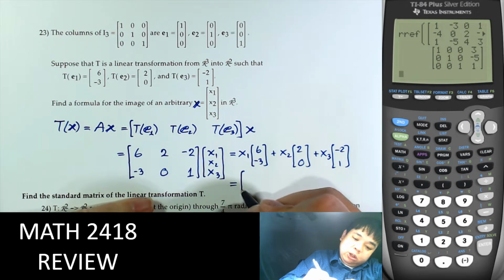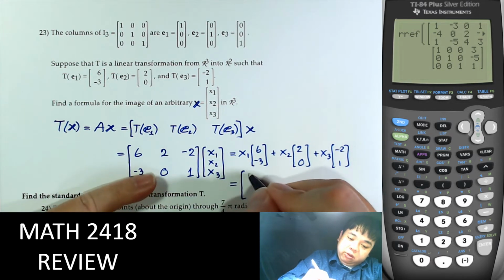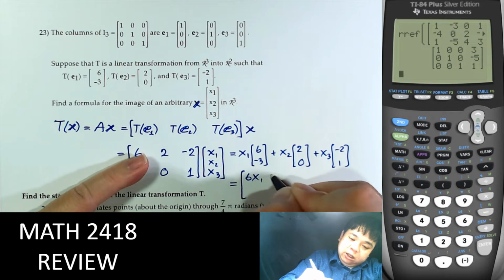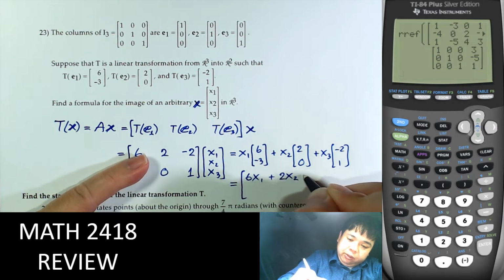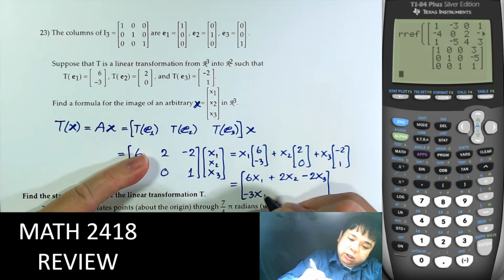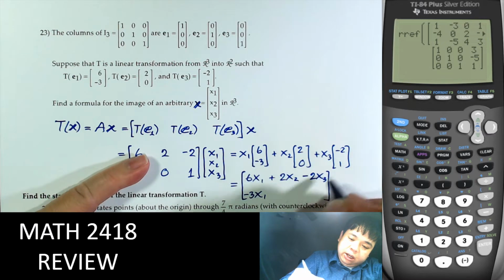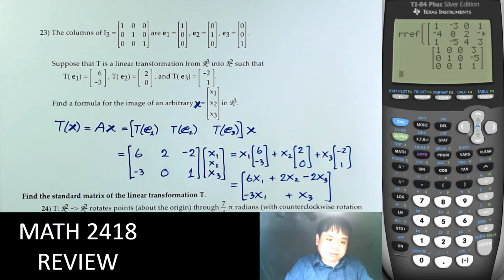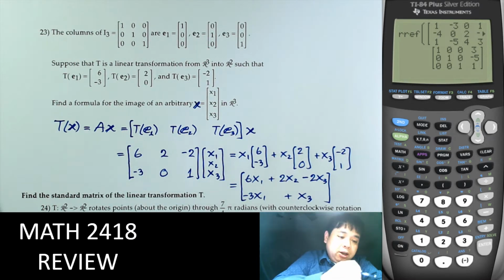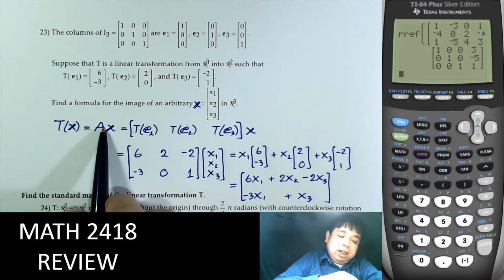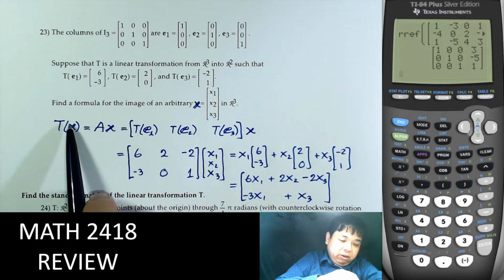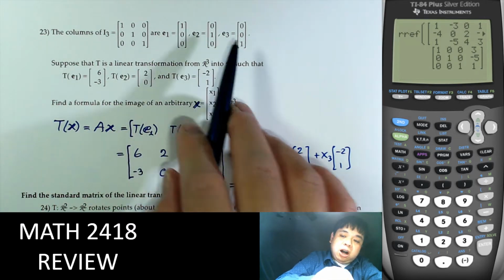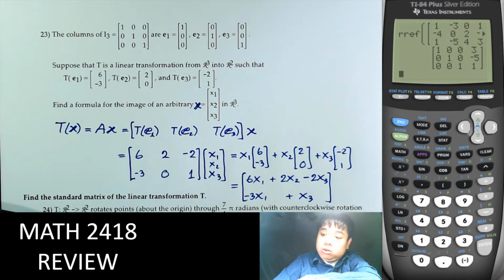Or if we want to write it in the matrix form, we can say 6x1 plus 2x2 minus 2x3, and -3x1 plus x3. So that's all we have. The matrix for the transformation is just whatever the transformation applied to the columns of the identity matrix. Later on we have a special name for it, but for now that's all we have.